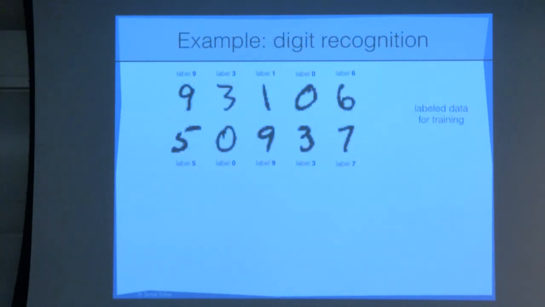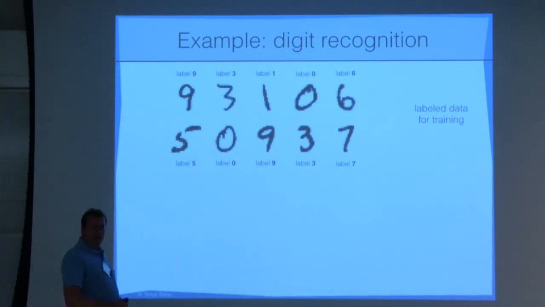Okay, so here's a classic example. The Ising model of machine learning is digit recognition. Here is labeled data. Here are digits, zip codes, and every digit that is handwritten here has a label that will tell what the digit is supposed to represent.